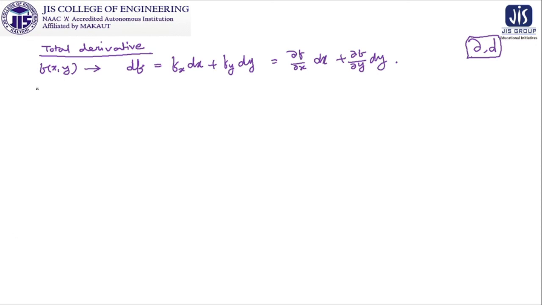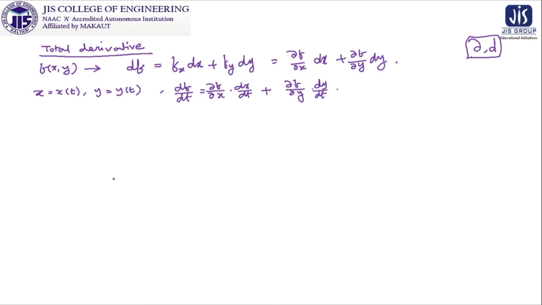But one more piece of information: if x is represented in its parametric form x(t) and y is represented in its parametric form y(t), then we can also denote it as df dt, equal to del f del x dx dt plus del f del y dy dt.